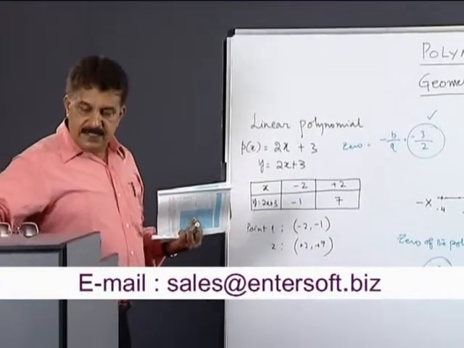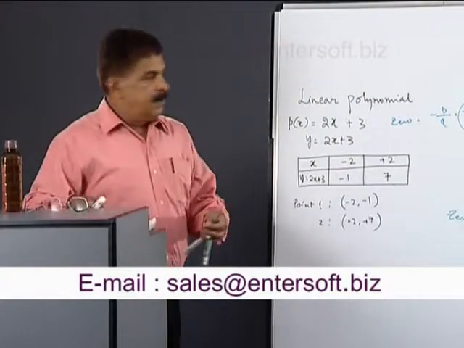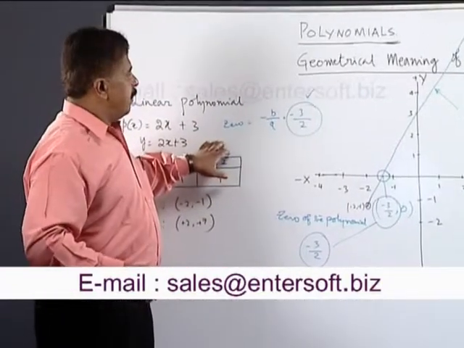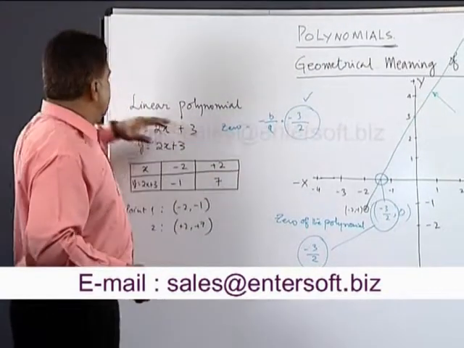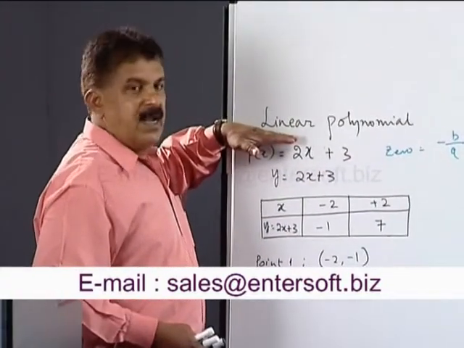What you are supposed to understand here is, we are not trying to prove that this method is easier or this method is easier. What we are trying to make you understand here is what is the geometric meaning of a linear polynomial.